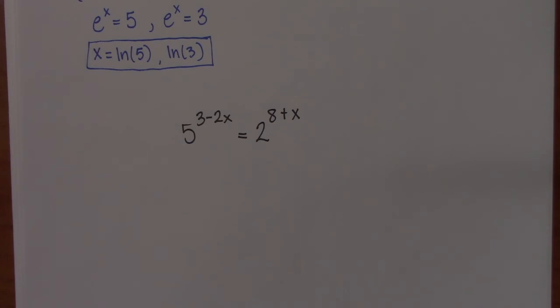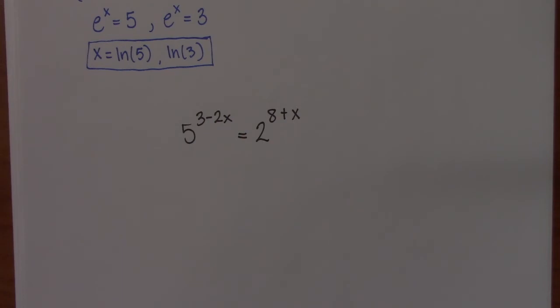Since the x's are trapped in the exponent, the only algebra move that lets us bring them down is to use some kind of log. So this is where you have choice. You can use log base 2 of both sides. You can use log base 3 of both sides. Log base 5 of both sides, but all that's going to do is kill one of the bases for you, right?